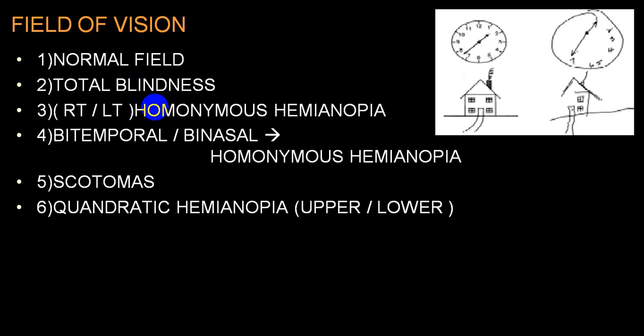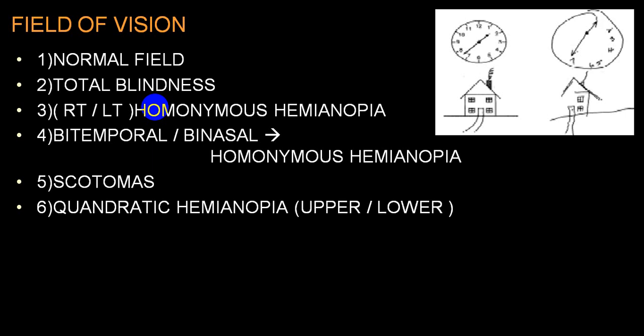You can have both temporal fields gone, bitemporal hemianopia, and nasal fields of both eyes gone, binasal. If you have an area of vision loss in one eye's field, other than the blind spot, we call that scotoma. You can have a quadrant field loss.